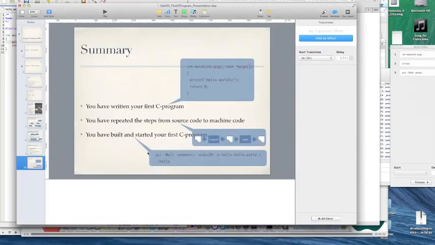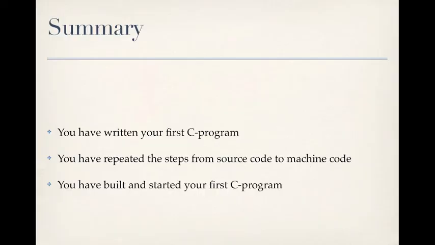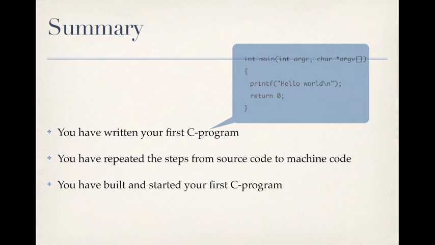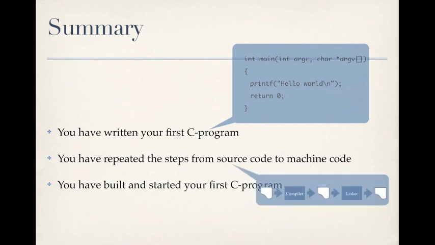Now we go back to our presentation and just have a small recap of what we did. We have written our first C program. You see here again, pretty small, but it's a C program.